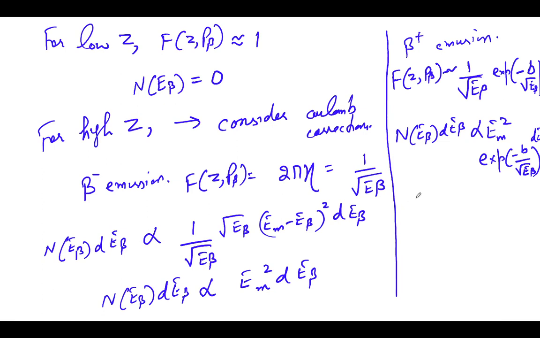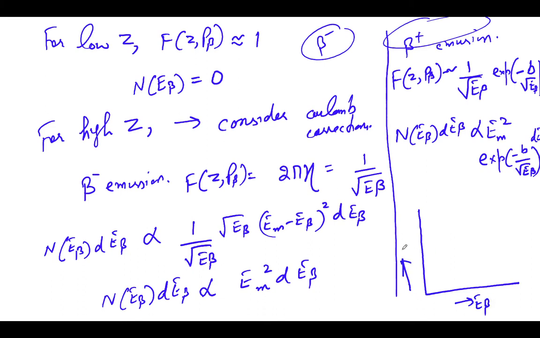So when we plot the value of this beta minus emission and beta plus emission, on this side it is the energy of the beta particle, and on this side we have N(EB) dEB.